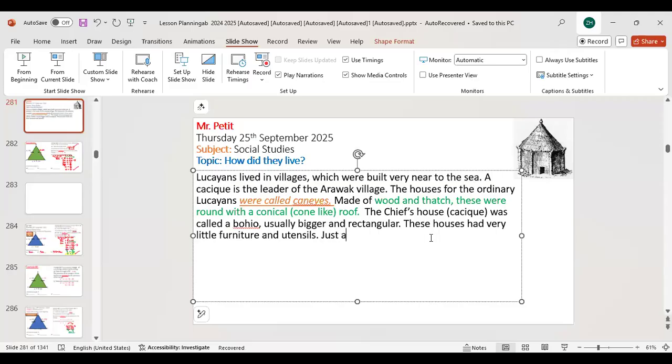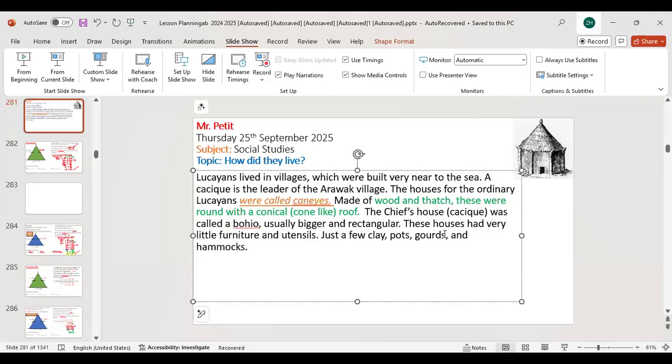Just a few clay pots, cards, and also hammocks.